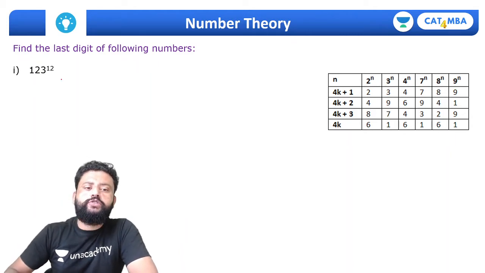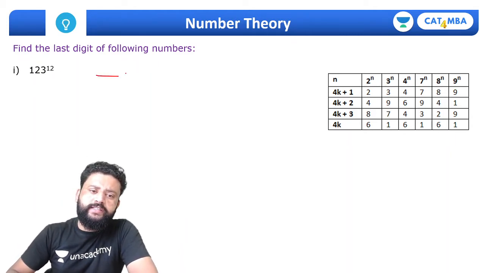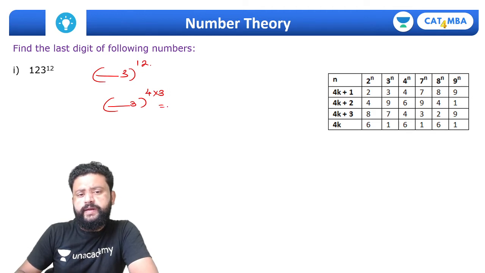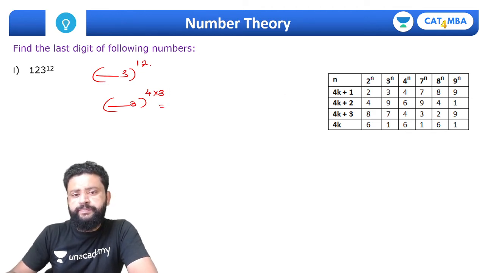123 to the power 12. Now we know surely this number ends with 3 and its power is 12. So 12 is 4's multiple, basically a number ending with 3 and the power is 4 into 3. So definitely यहाँ पे 4 के groups बनेंगे. So with 4's multiple, for 2 or for 3 it is going to be 1.